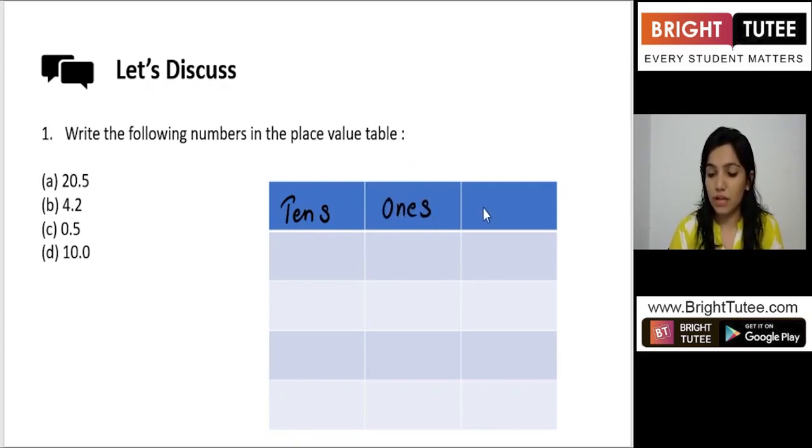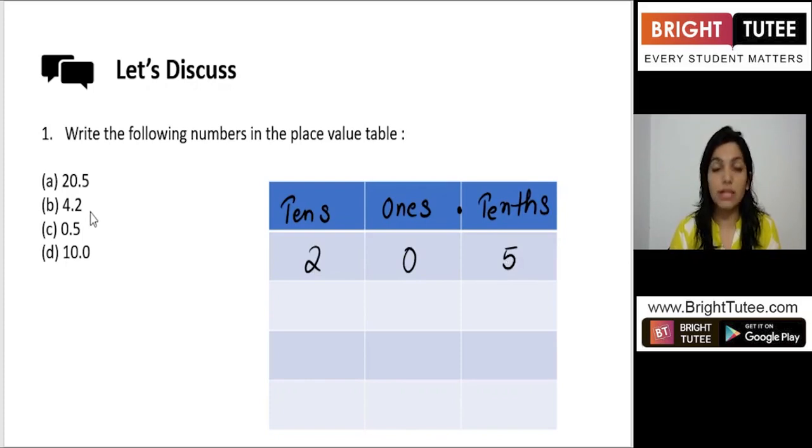Then after that, we have a decimal point, and the column that sits on the right side of the ones on the table is tenths. Now let's put the first number, it's 20.5. So here will come 2, here we'll have a 0, and here we have a 5.